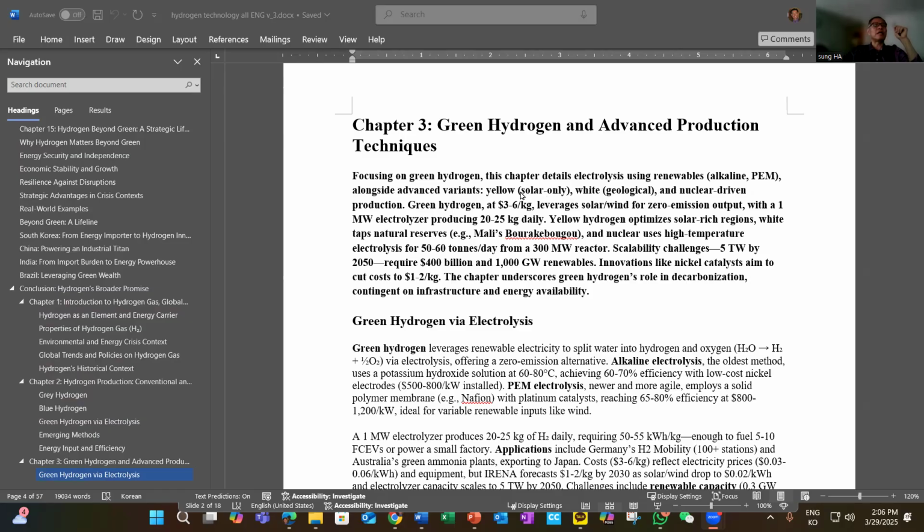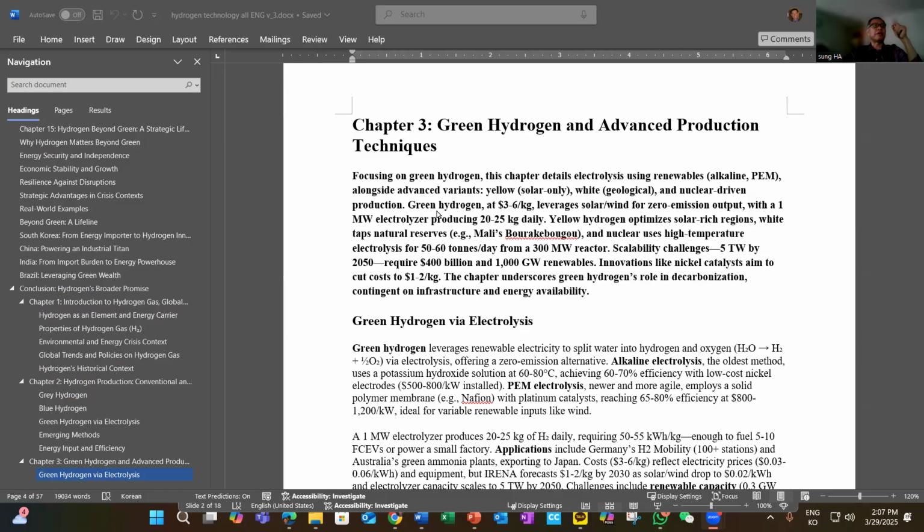Yellow hydrogen means that solar directly produces hydrogen, and white hydrogen is geologically stored in the underground. This is one of the amazing, most ideal ways of producing hydrogen, but it is still on the way. And nuclear-driven production.